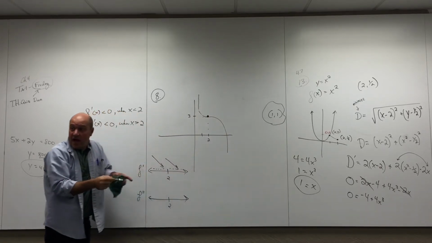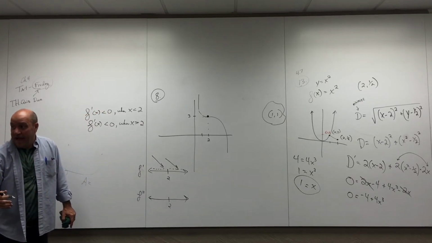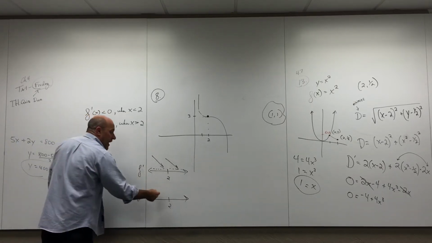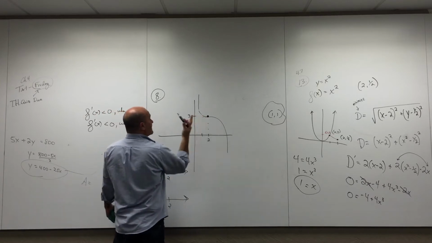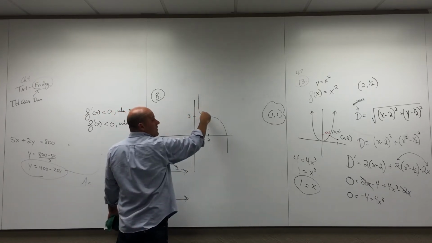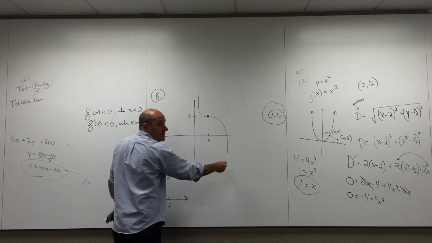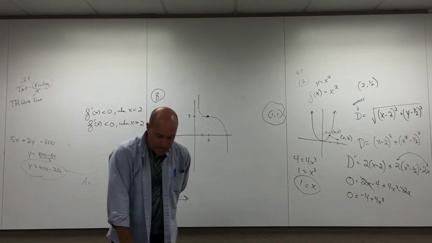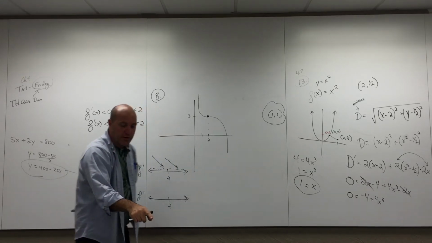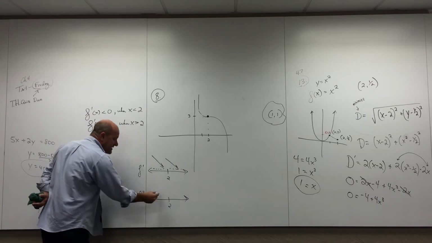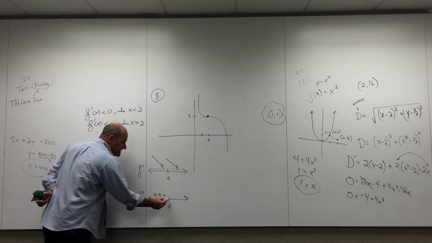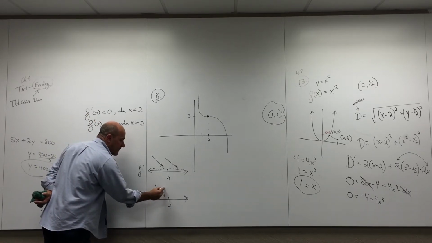You decrease to a level spot and then continue to decrease. I mean, that's the only way to do it. But if I read the concavity, which is the next 2 lines, it'll probably say what I see here. What do I see here? Concave up and then concave down? Yes. Let's see what it says. When x is less than 2, the second derivative is positive, so that's concave up.